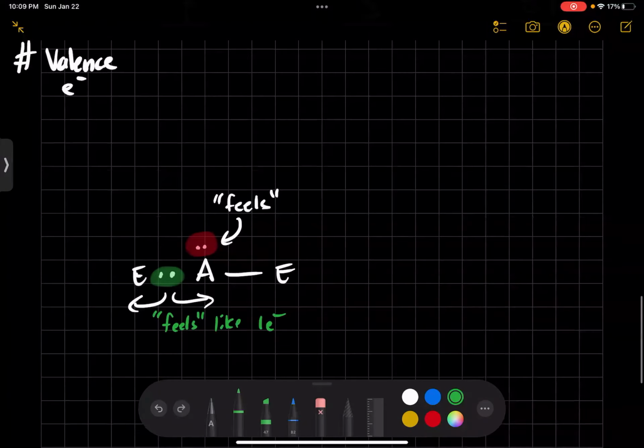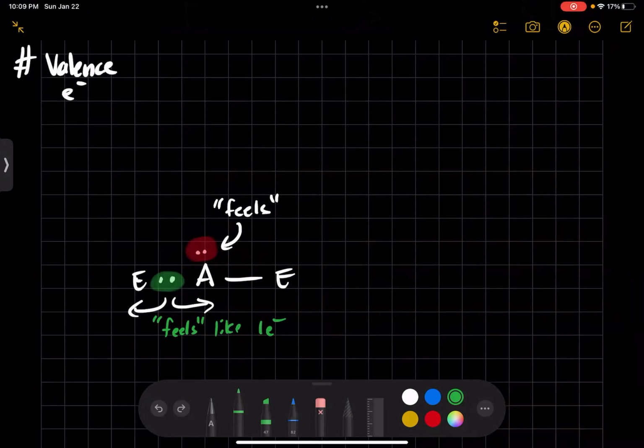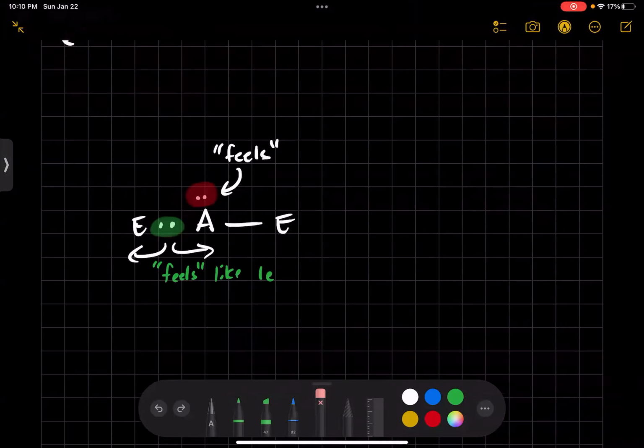And so when determining how many electrons an atom feels like it has, we say that bonding electrons only account for half, right? So if I have 2 bonding electrons, atom A feels like it has 1. And so let's just determine how many electrons atom A feels like it has.